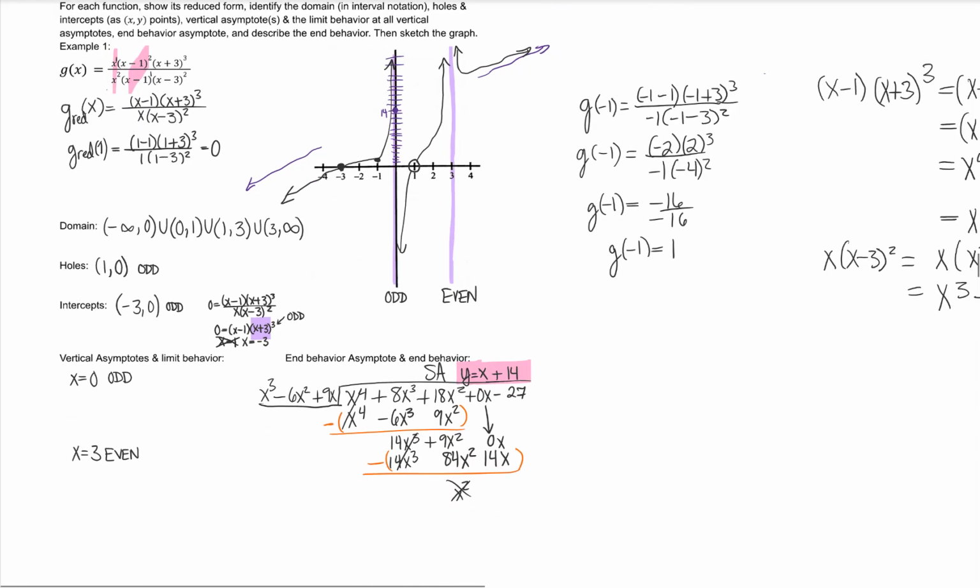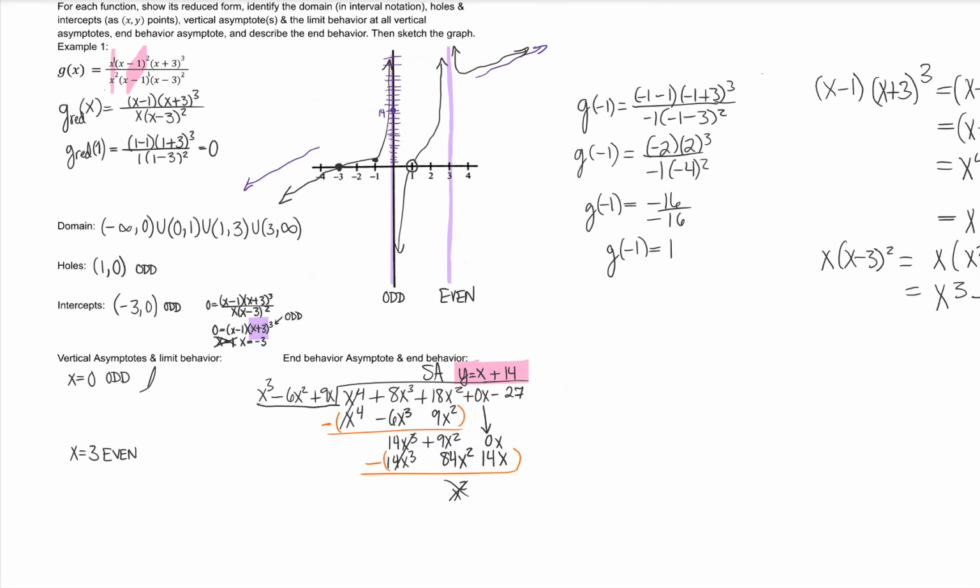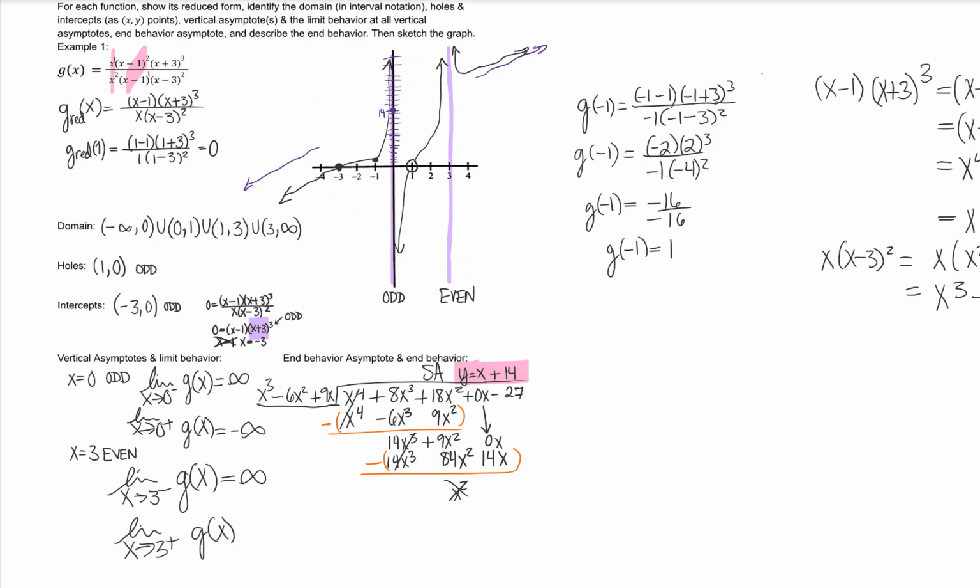So let's write our vertical asymptote limit behavior. The limit as x approaches 0 from the left of g of x is positive infinity. The limit as x approaches 0 from the right of g of x is negative infinity. The limit as x approaches 3 from the left is infinity, and the limit as x approaches 3 from the right is also infinity.